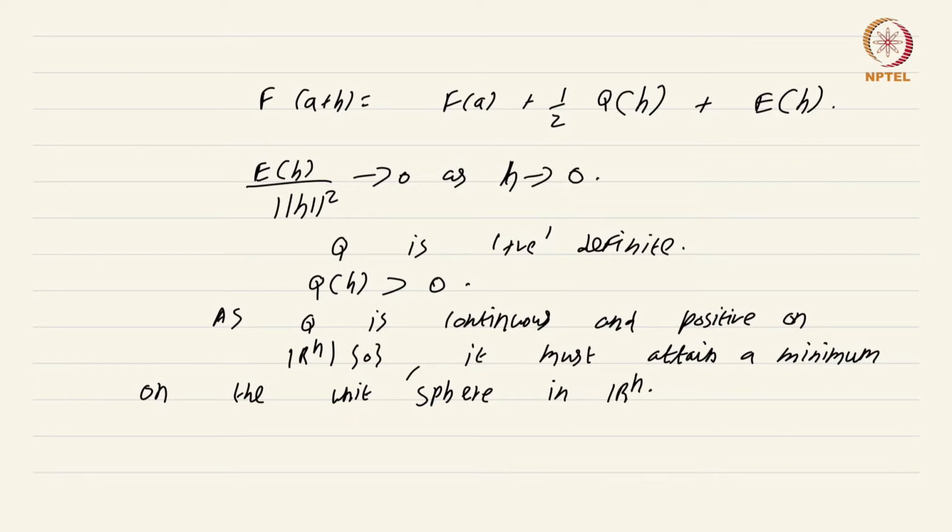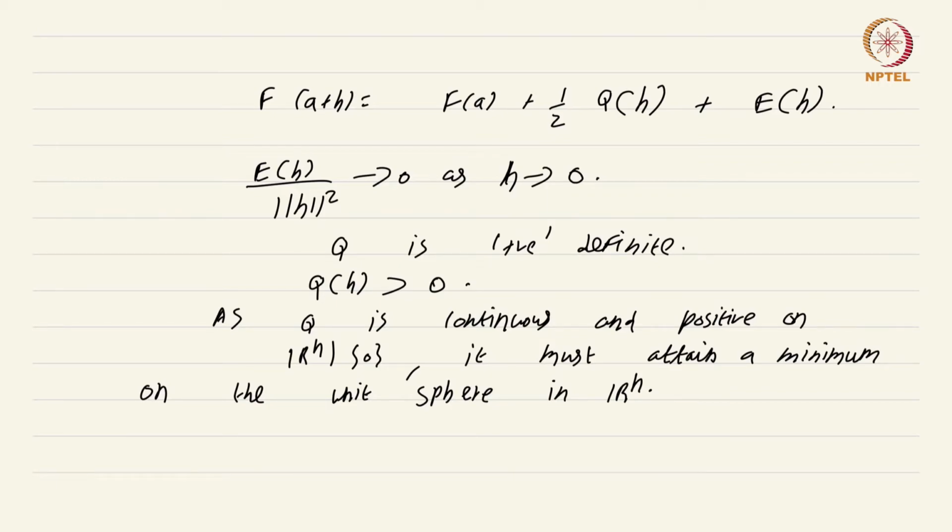Right? The unit sphere is a closed and bounded set. The unit sphere is the set of all points in R^n that are precisely distance 1 away from the origin. Therefore, by the Heine-Borel theorem for R^n, we know that it's a compact set, and we have also seen that continuous functions on compact sets must attain their maxima and minima.